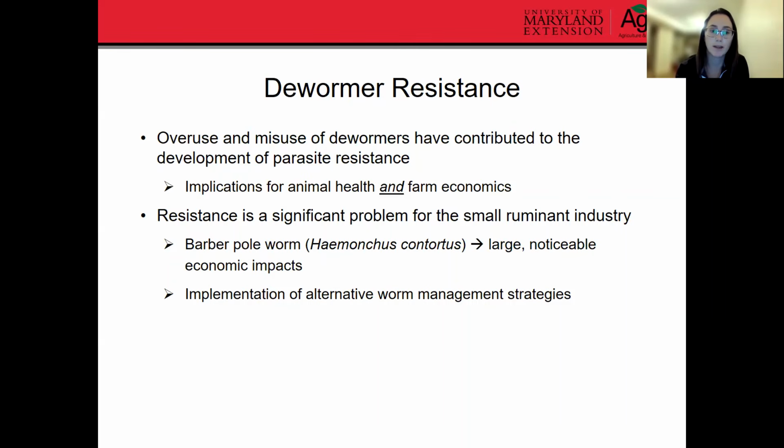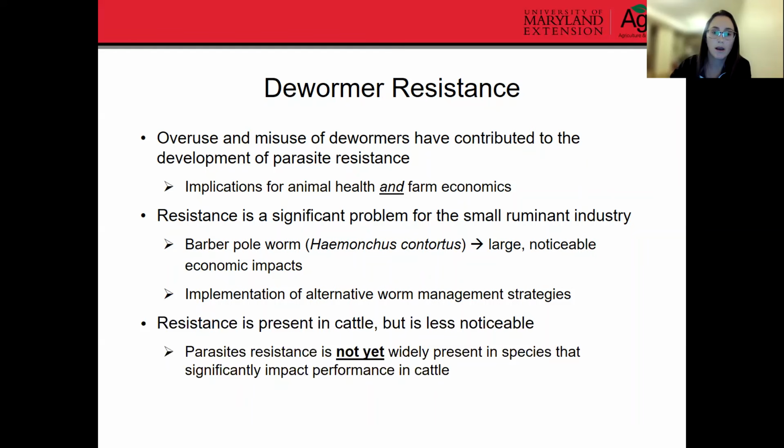What they have had to do is implement alternative worm management strategies. Resistance is present in cattle, but it's much less noticeable because the parasites that have developed resistance are not as economically impactful, and it's not widely present in species that are significantly impacting our performance yet.